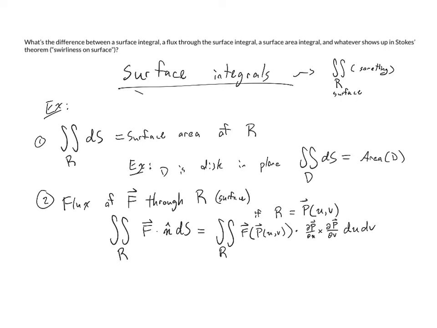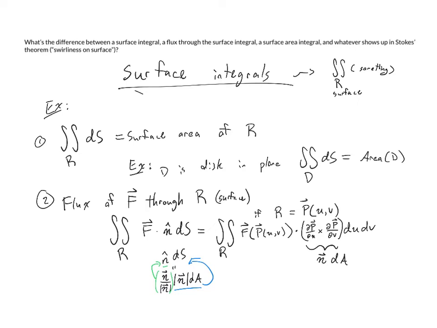And this is our area form. So you should read this as the normal vector dA, and n hat dS is equal to the normal vector divided by the length of the normal vector, times the length of the normal vector dA. So this part right here, that's n hat. And this is another formula that gives you dS, the same dS form we had before.